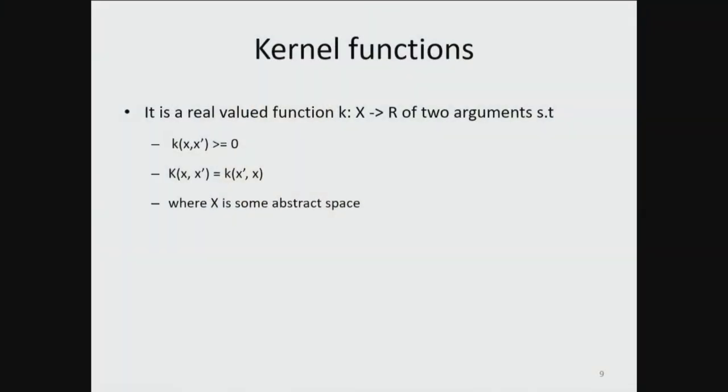In that sense, it is symmetric. Therefore, any function k from a class x to the set of real numbers having these two properties, that k of x, x dash is greater than or equal to 0 and k of x, x dash is equal to k of x dash, x, such a function is said to be a kernel function.